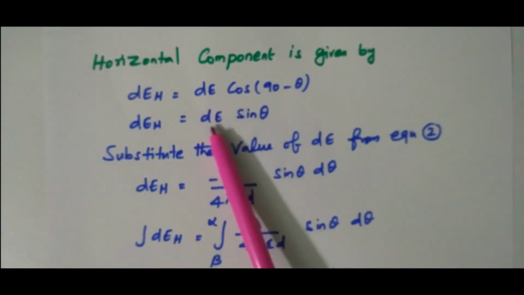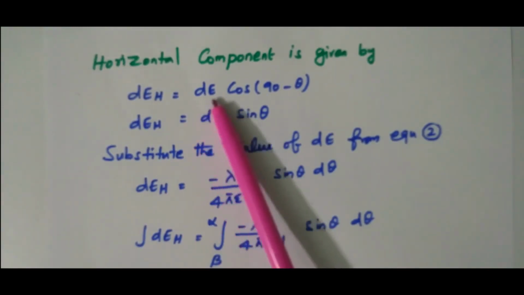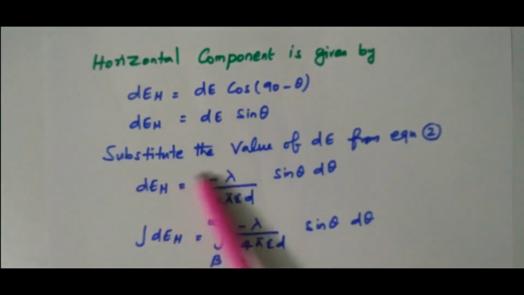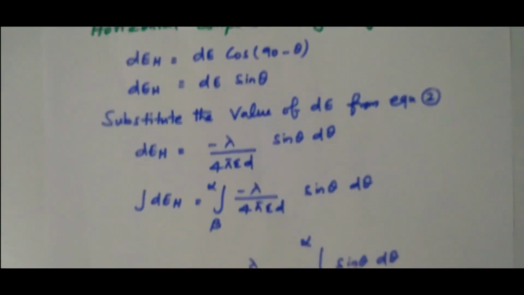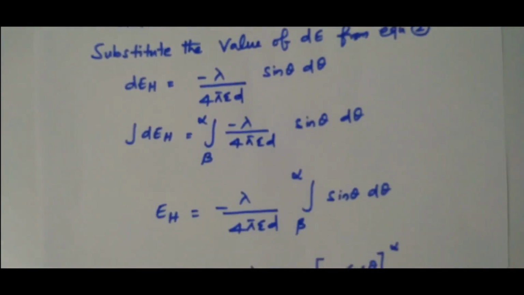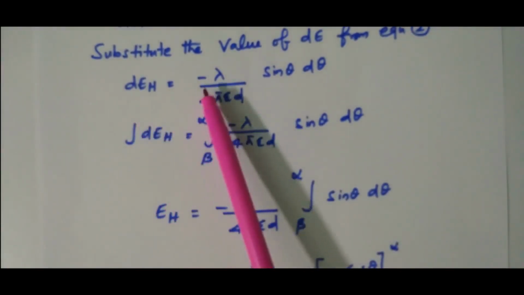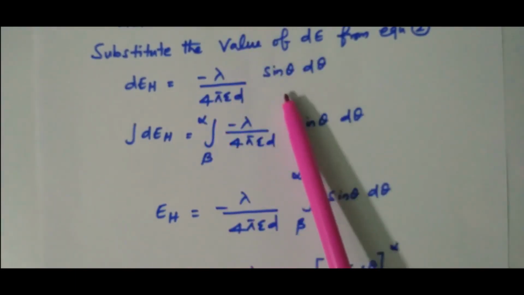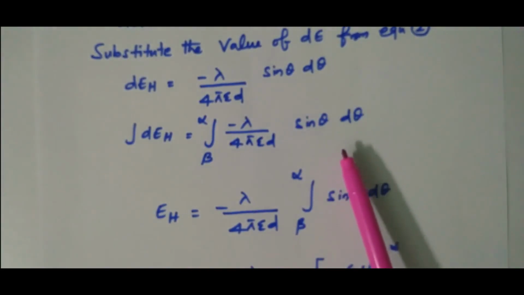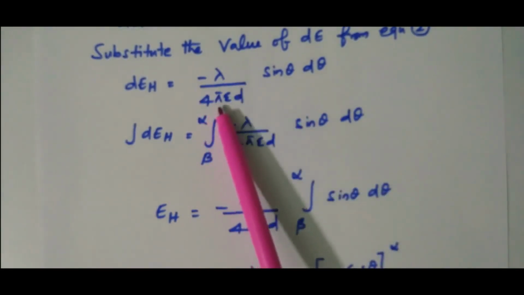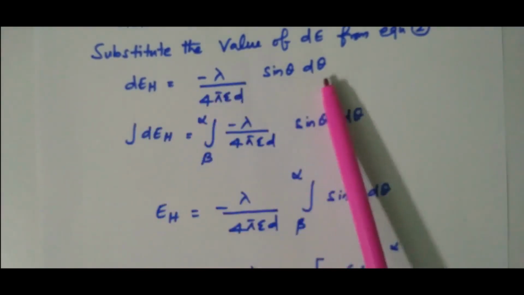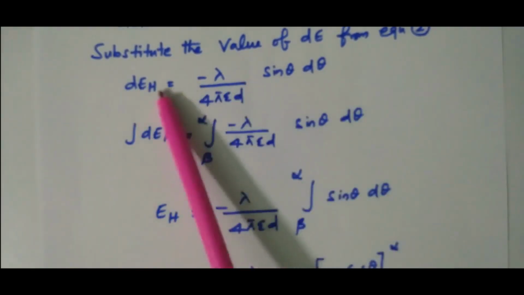From equation 2 we have this dE value, so we are going to substitute it. So dEH equals minus lambda divided by 4 pi epsilon d, sin theta d theta. This is nothing but the small electric field intensity, horizontal component.